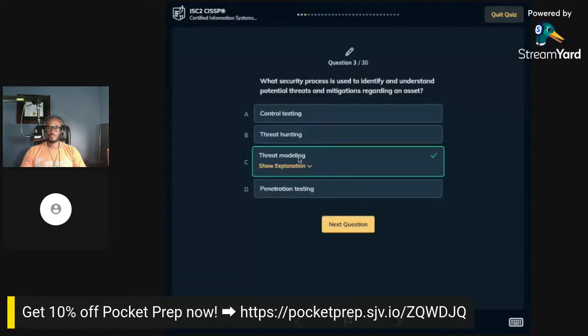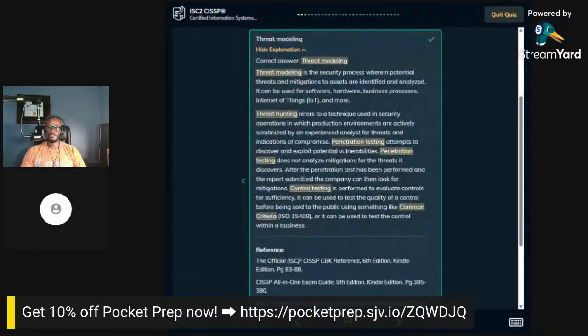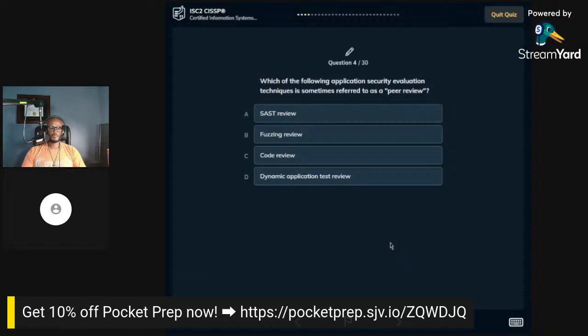Yeah, this should be threat modeling. I was looking at threat hunting, but it's not that. Threat hunting refers to a technique used in security operations in which production environments are actively scrutinized by an experienced analyst for threats and indications of compromise.